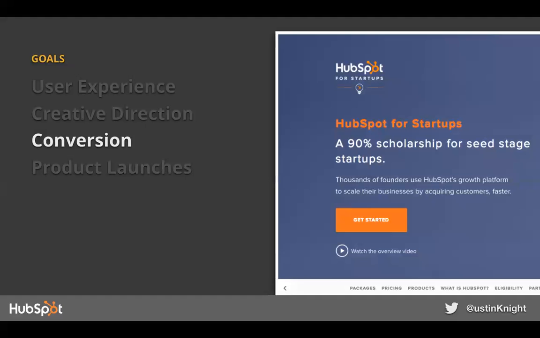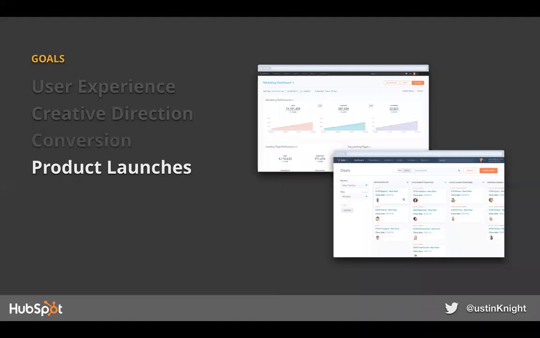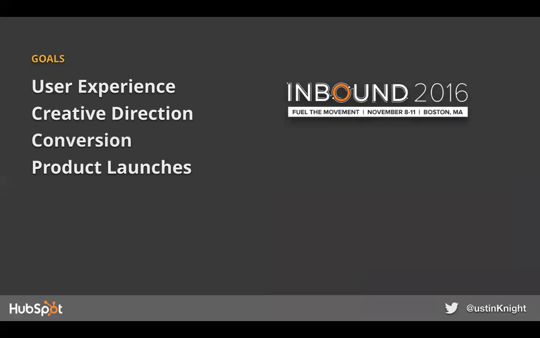And then we also had several new products that we would be launching and offering in our multi-product lineup. The important thing about this was that not only were they critical to the way that we would approach the design, they also had very finite launch dates. We would be launching all of these products at Inbound.